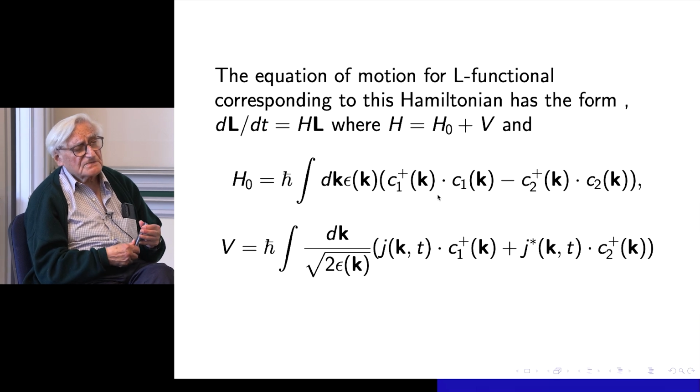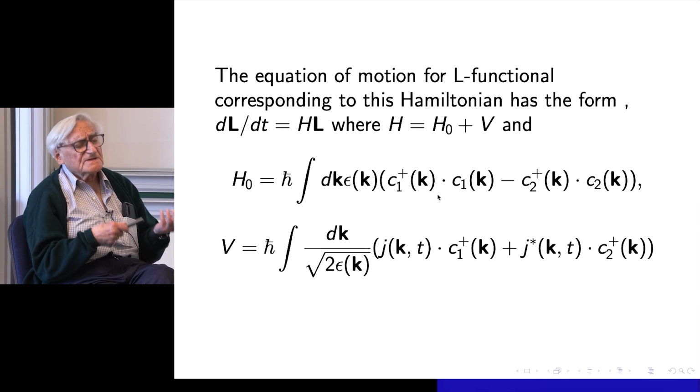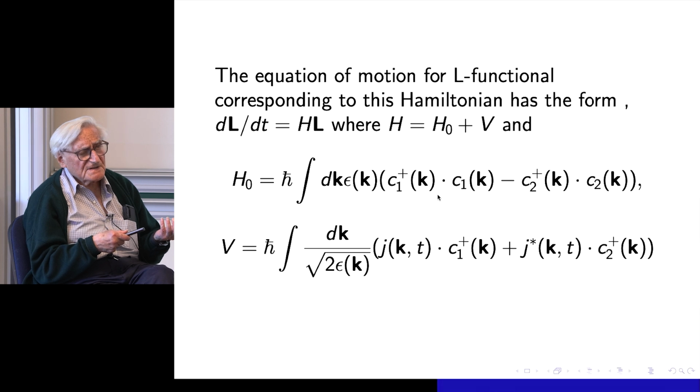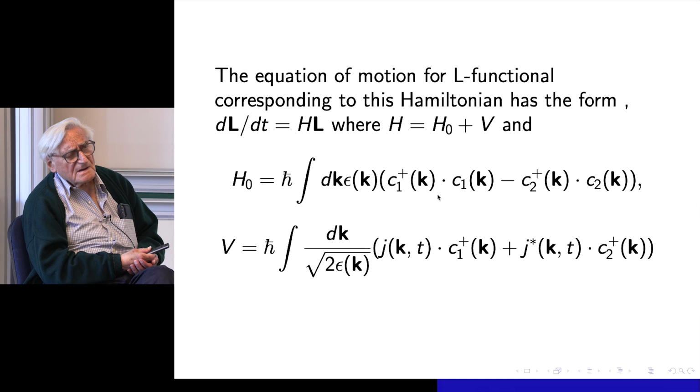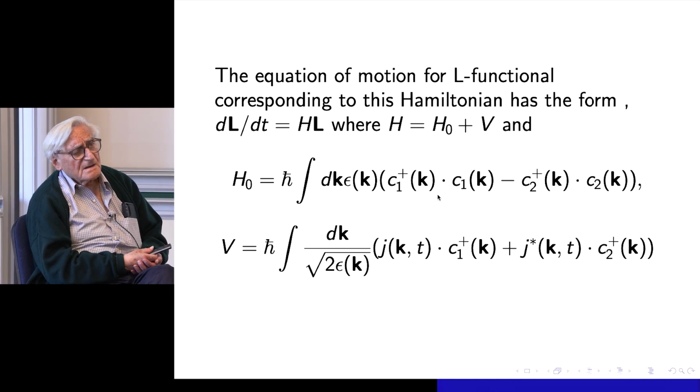First of all, you went to density matrices from wave functions. Yes, it's a sort of generalization of the Schrödinger equation, for the density matrix. I mean, the usual Schrödinger equation is i d psi over dt equals the Hamiltonian acting on psi, and for the density matrix you have a commutator. And after that, from density matrices, you go to L-functionals.